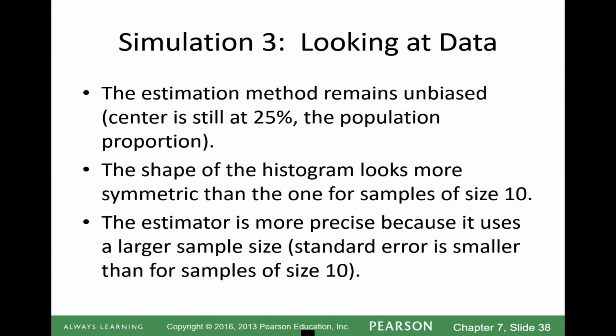What's happening is that a larger sample size is more representative of the population. So the sample proportion, p hat, will correspond more closely to p when you increase the sample size.